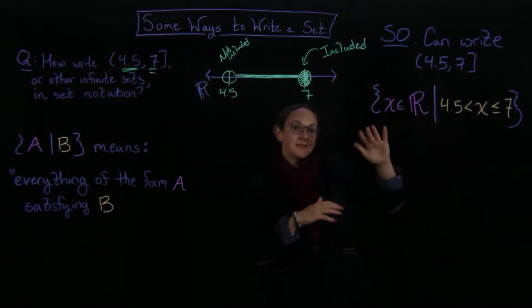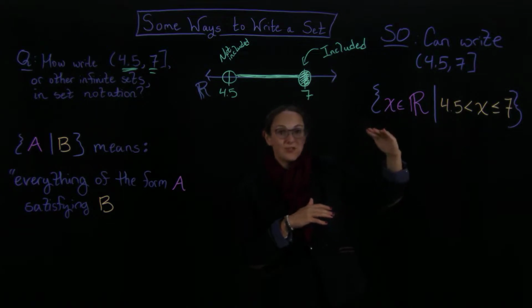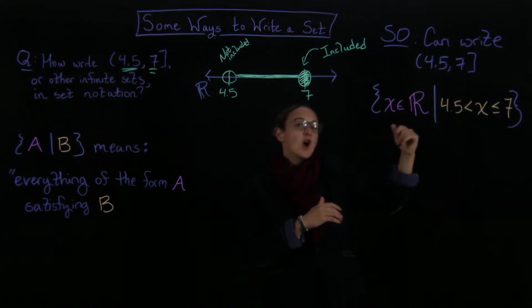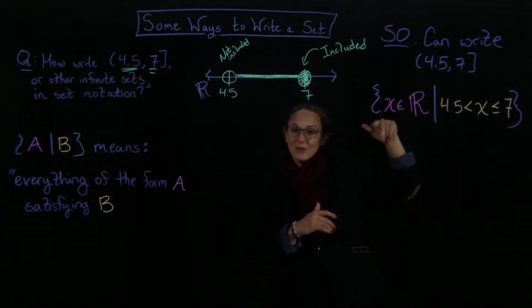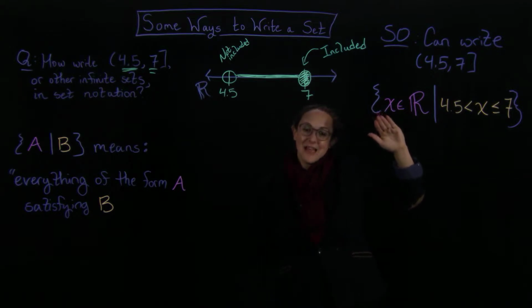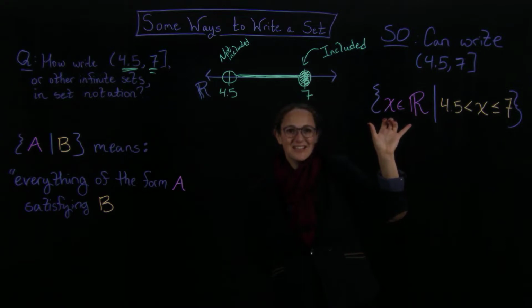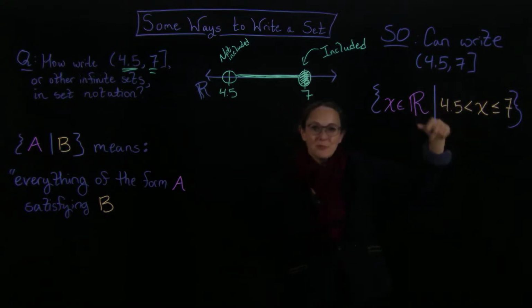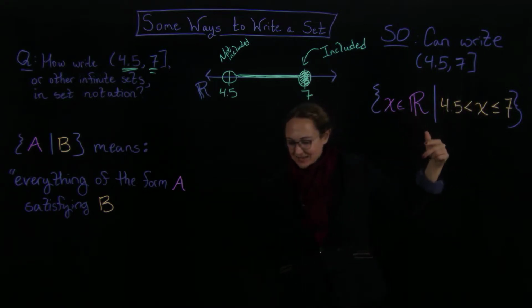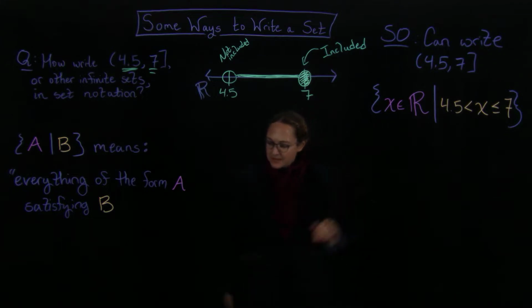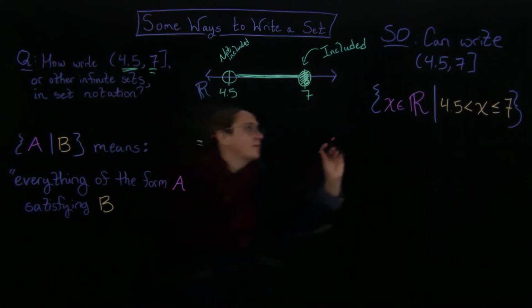One helpful thing I did on the left-hand side was to use the variable x, saying x is contained in the real numbers, and then I could put conditions on what x satisfies.